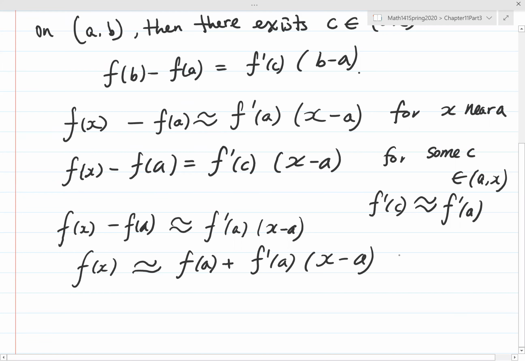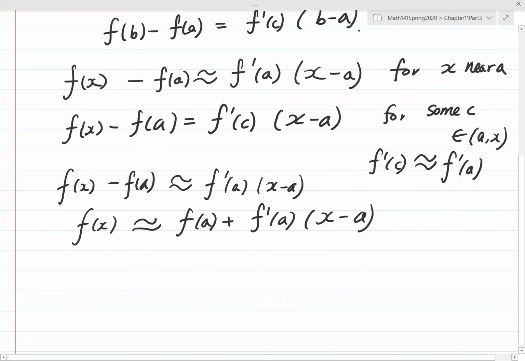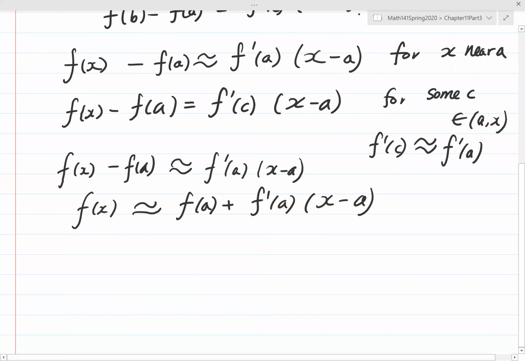Here we only use the first derivative. You may ask, can we get a better approximation if we use more information, like the second derivative and third derivative? Yes, we will have a better approximation.